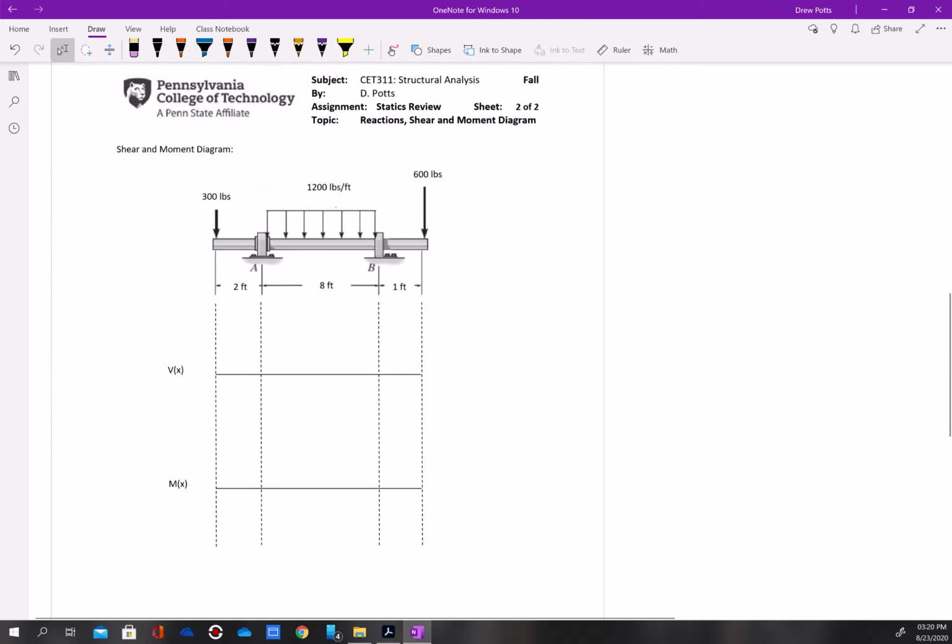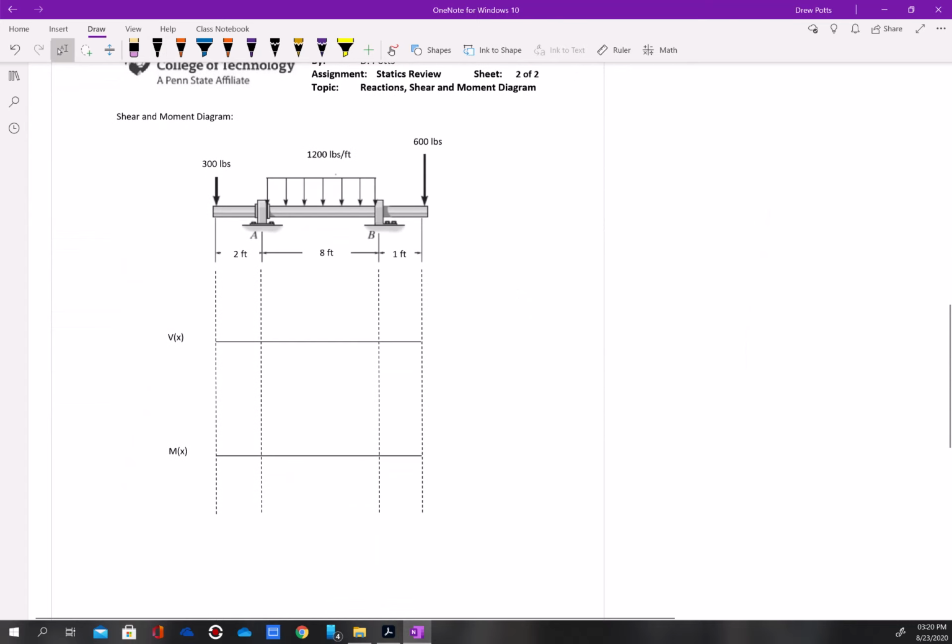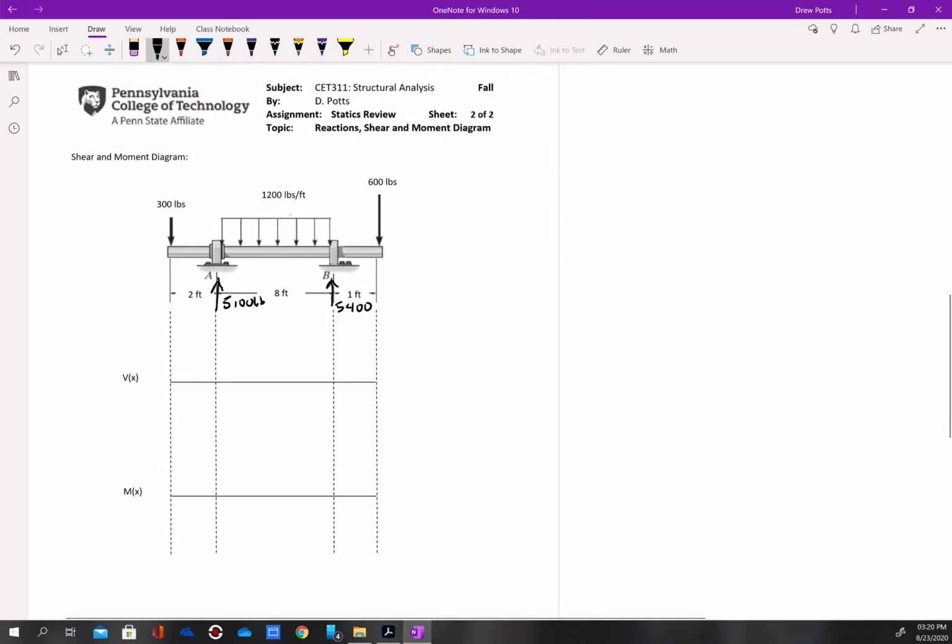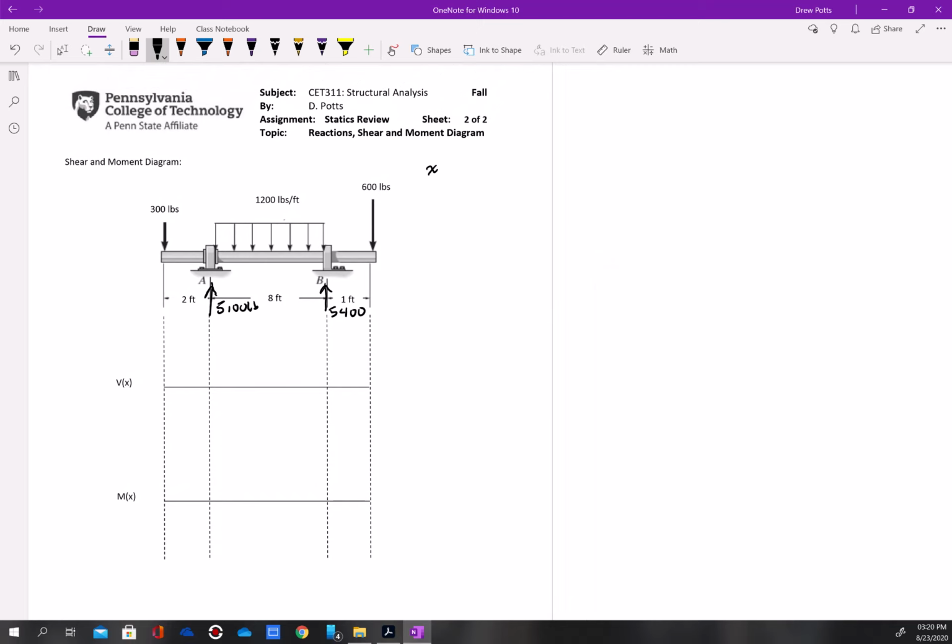Okay, now we want to draw the shear moment diagram. And remember, our reactions were, here was 5,100 pounds. Here we had 5,400 pounds. Okay, so again, shear calculation, start at x less than 0.